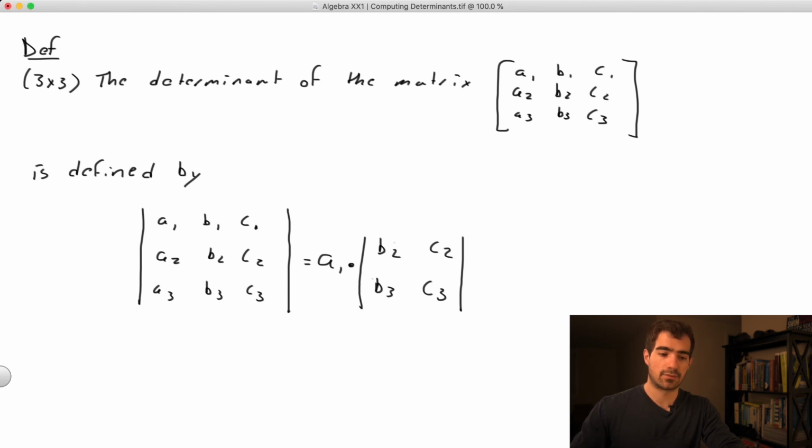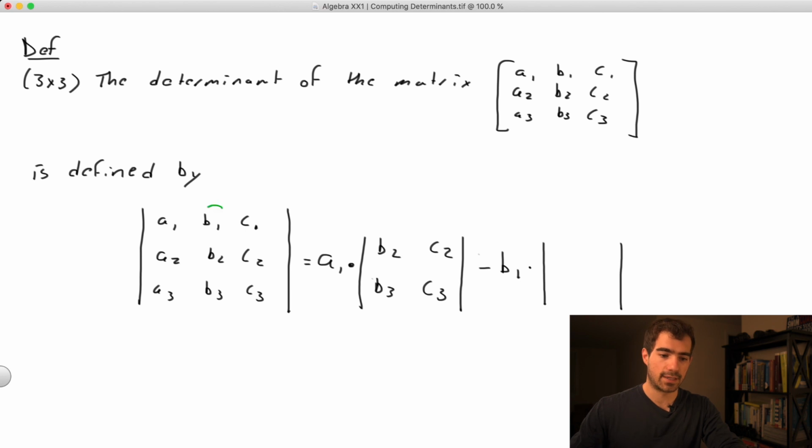Next, similarly, we'll move on over to the second value in our first row, B1, and we will multiply negative B1. And this is just a specific case where we're always going to subtract that second term. But in this case, we'll subtract B1 times the determinant of the matrix that's formed in a similar way, right?